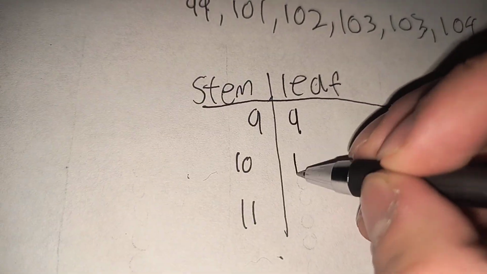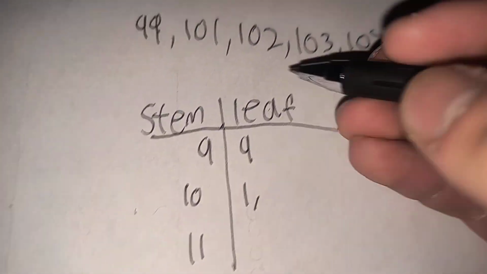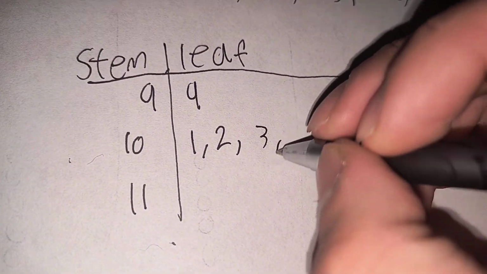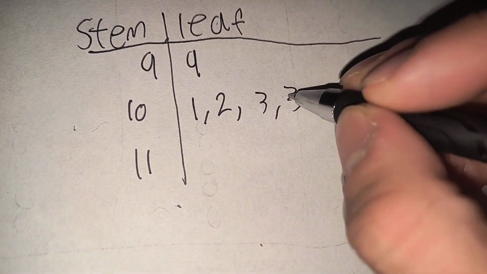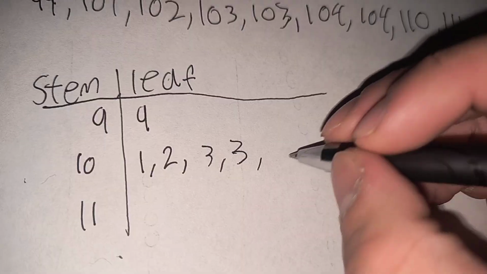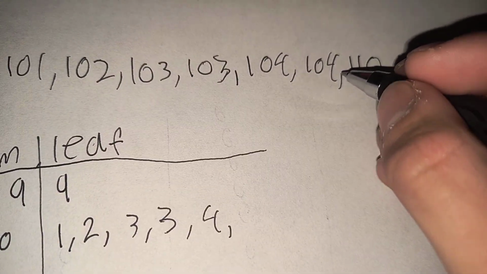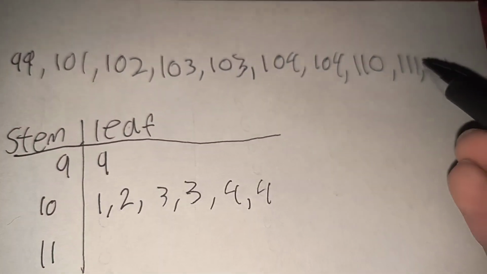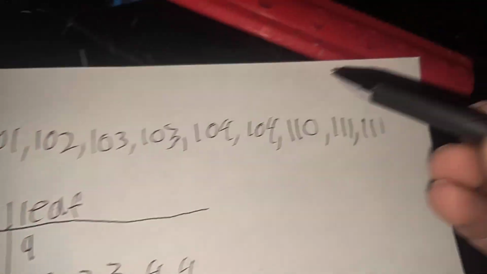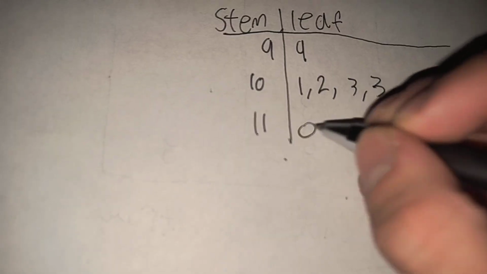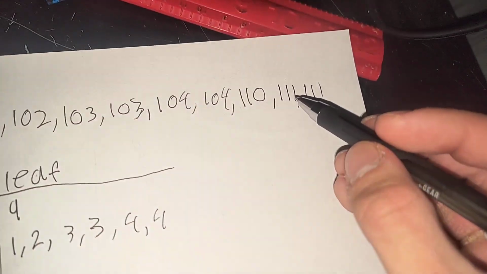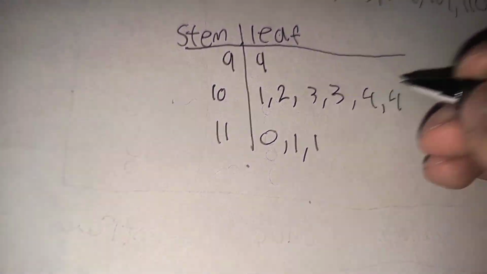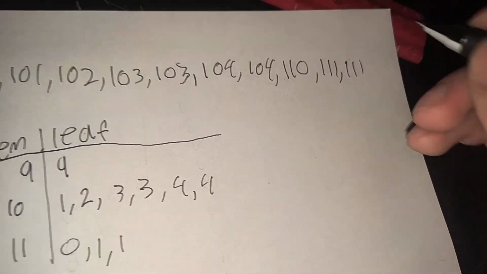Right here, we put 1, then 2, then 3, then another 3, then a 4, then another 4. The 0 goes right here because it starts with 11. And then we put a 1 right here, because those also start with that 11.